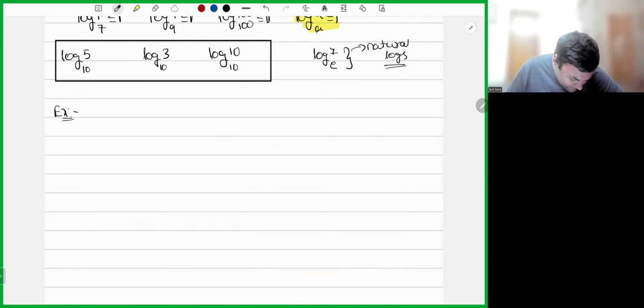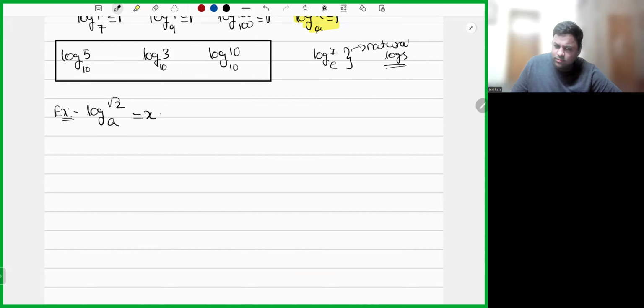Like say, for example, I'm telling log root 2 to the base a is equals to 1 by 6.